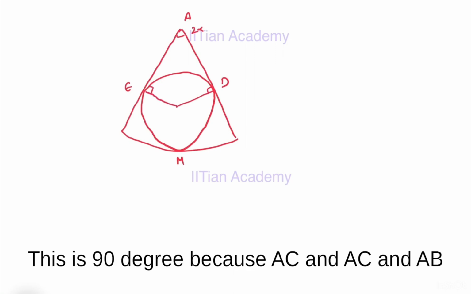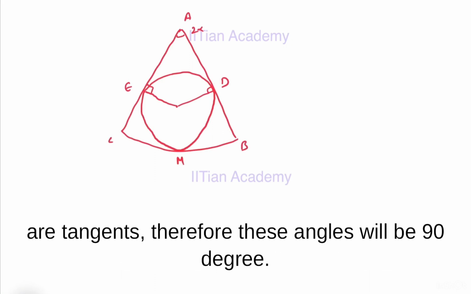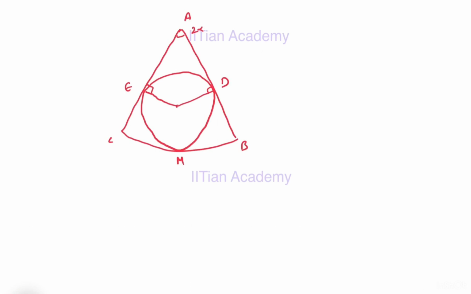This is 90 degrees because AC and AB are tangents, therefore these angles will be 90 degrees.